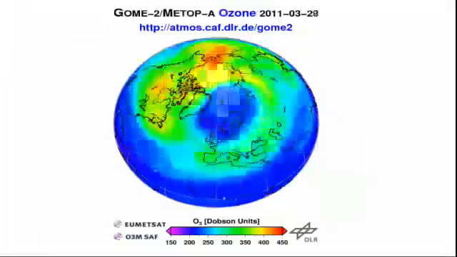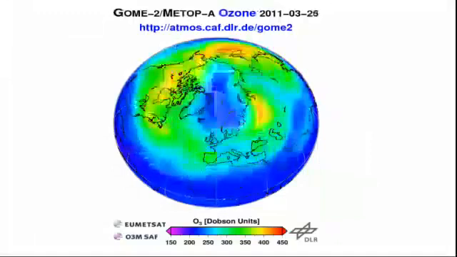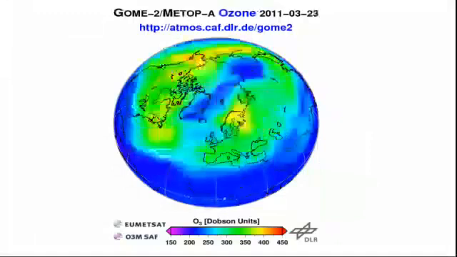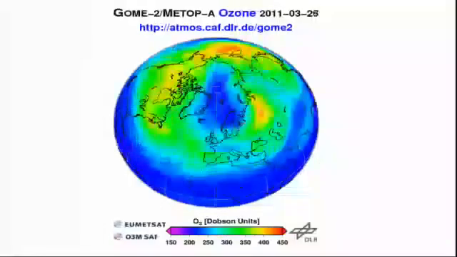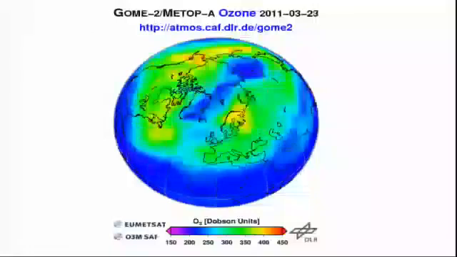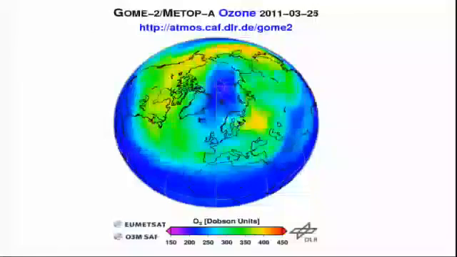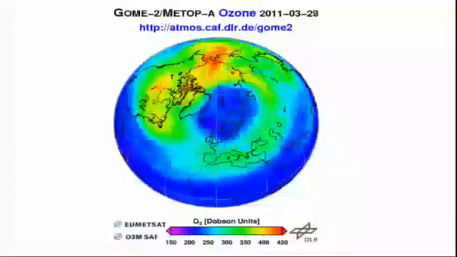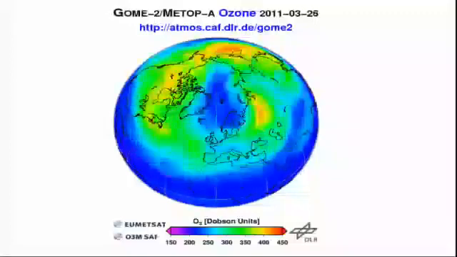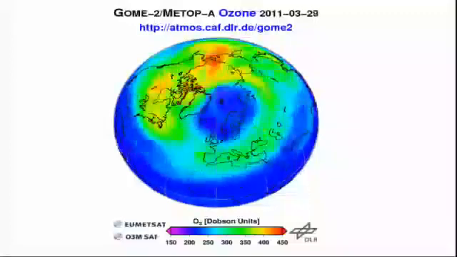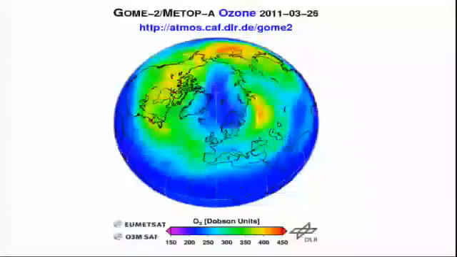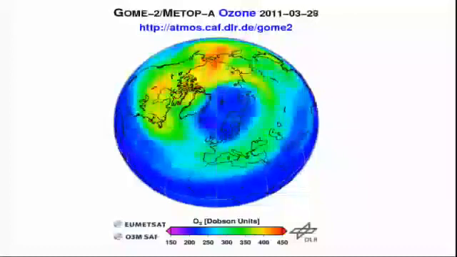In this picture you can observe mostly the color is blue. At the southern hemisphere, you can see a circular blue patch. That means the ozone layer is depleted.